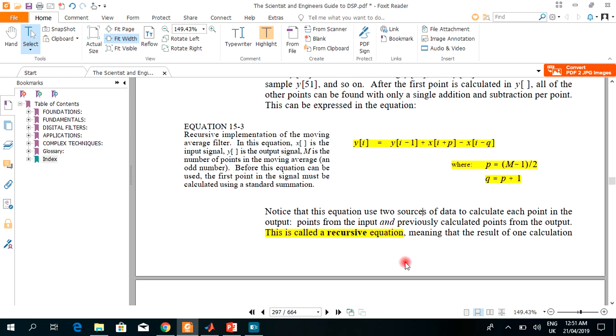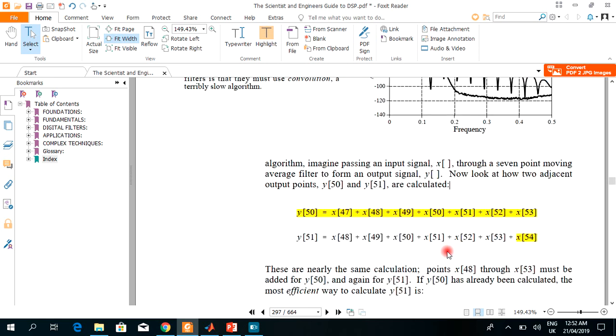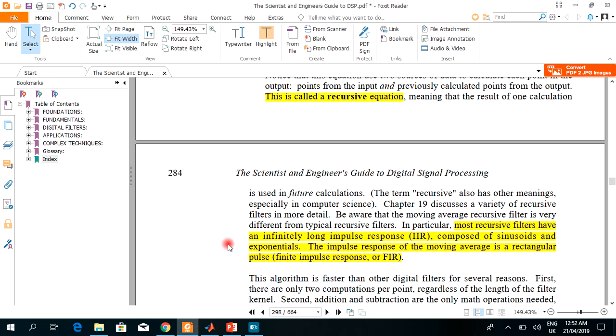This is called a recursive equation, meaning that the result of one calculation is used in future calculations. As you saw, we use the previous output to find the next future output.